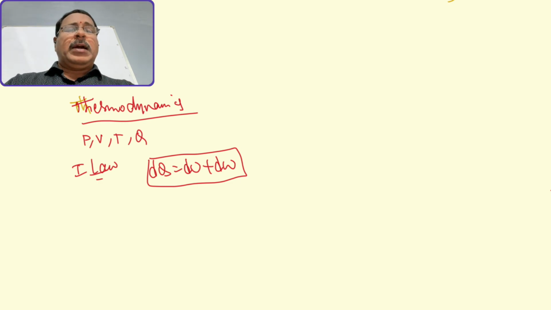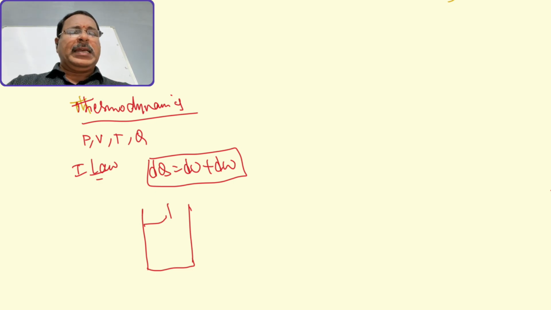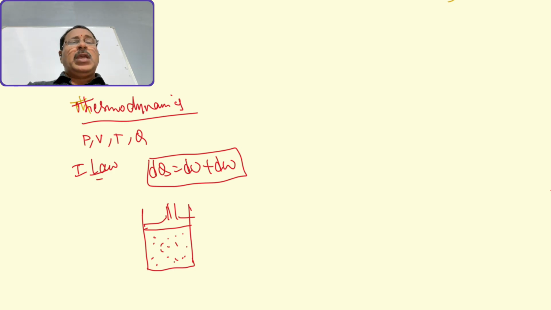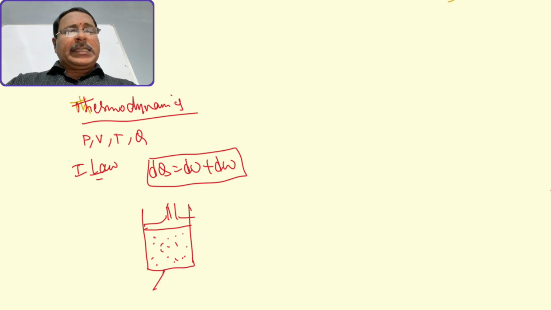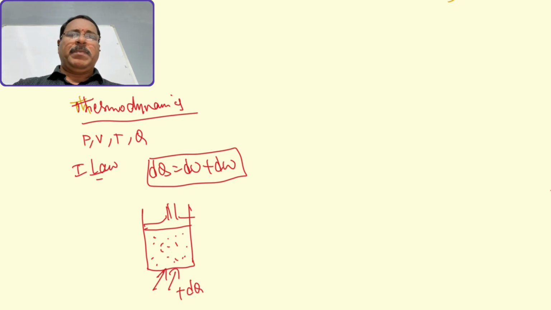What is meant by heat supply? Suppose this is a system. A system means a cylinder containing a piston and a gas. This is called a system. Now, if heat is supplied to the system, that is represented by a positive sign.